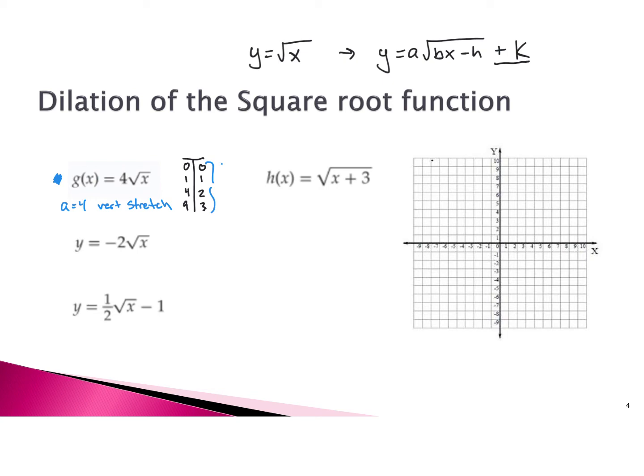which would give me 0, 0, 1, 4, 4, 8, and then 9, 12. And those would be my new values for the radical function.